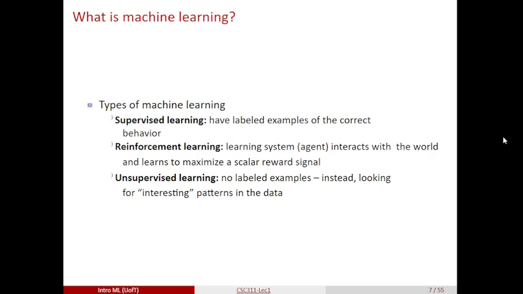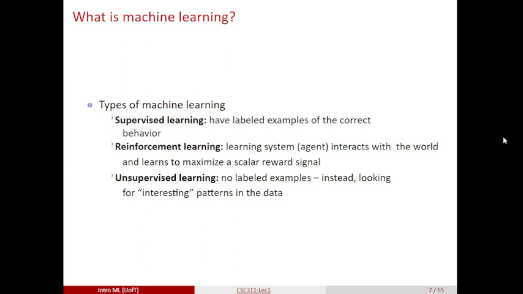What is machine learning? Types of machine learning include supervised learning, reinforcement learning, and unsupervised learning. Supervised learning is learning that has labeled examples of the correct behavior. You could think of it as your parents telling you not to put the fork in the electrical outlet, because of course you'll get electrocuted.